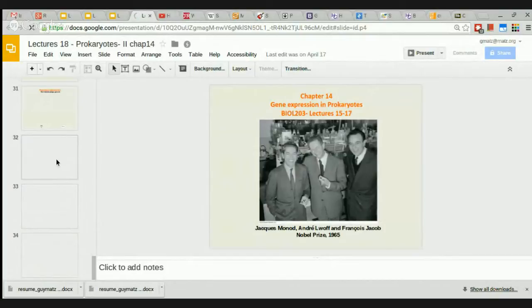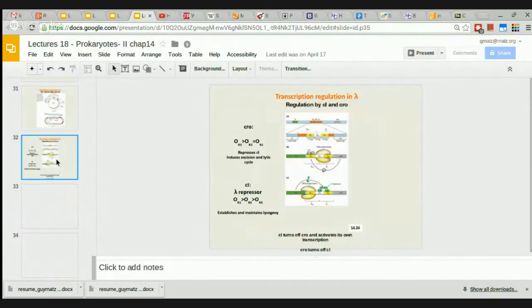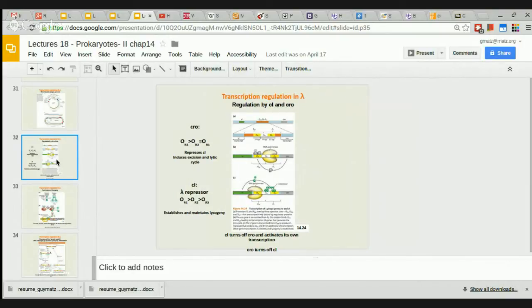When cI is produced, it binds to the operators shown here called OR1 and OR2, and in doing so, it represses cro by steric hindrance, just like lac repressor represses transcription by binding to the lac operator. Same principle.